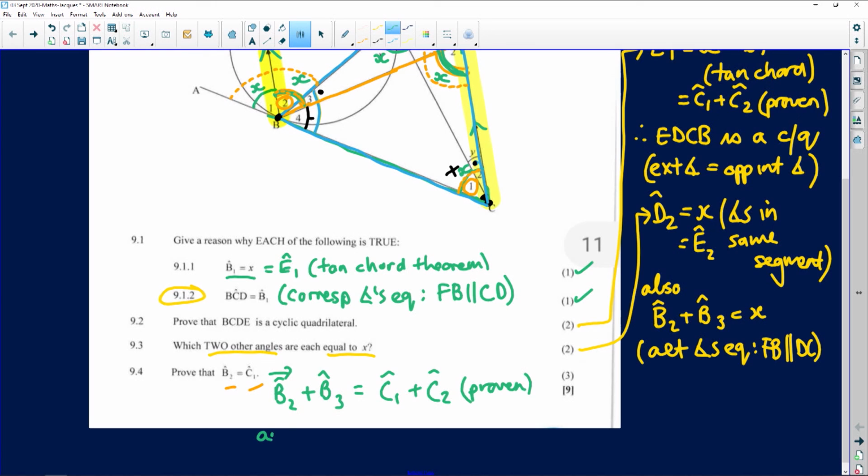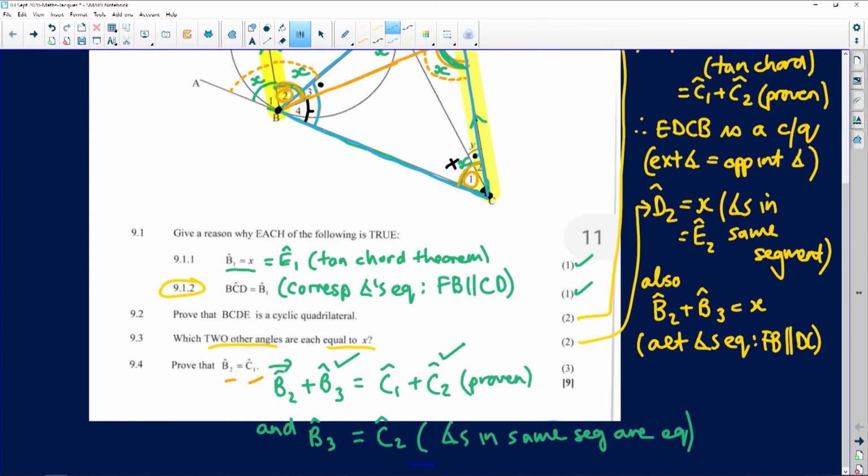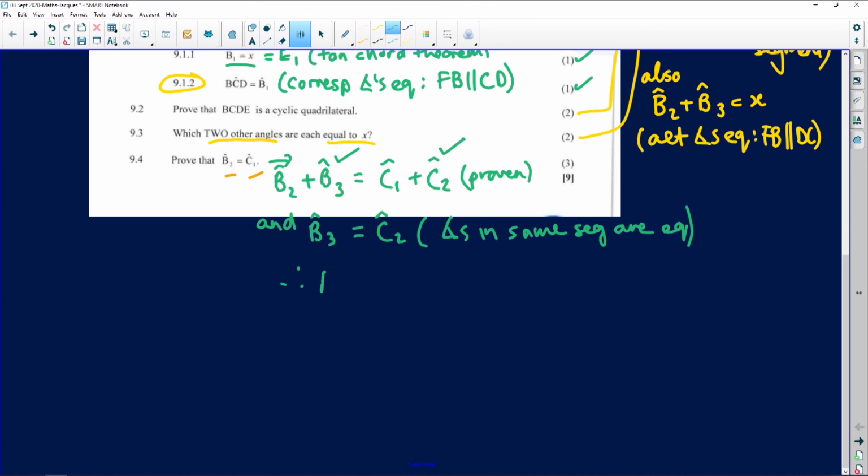And we can say now, let's make a tad bit of space there, B3, the angle with a black dot there, is equal to C2. And the reason: angles in the same segment are equal. Okay, so if B3 is equal to C2, and collectively those are equal, we can then conclude that B2 is therefore equal to C1.